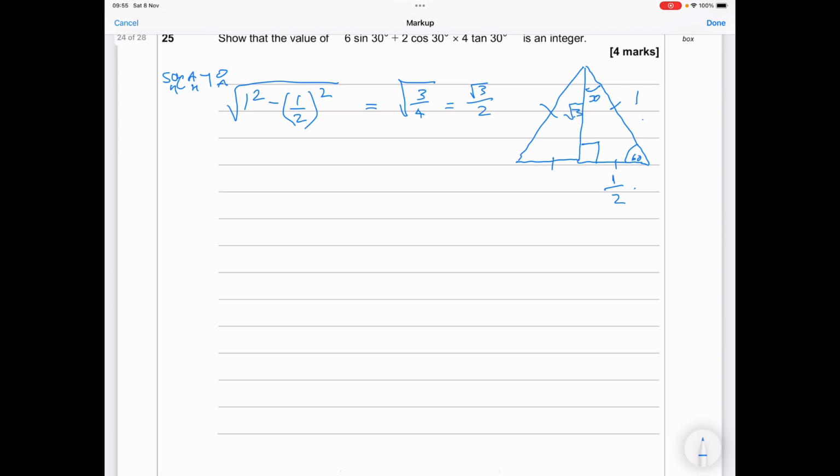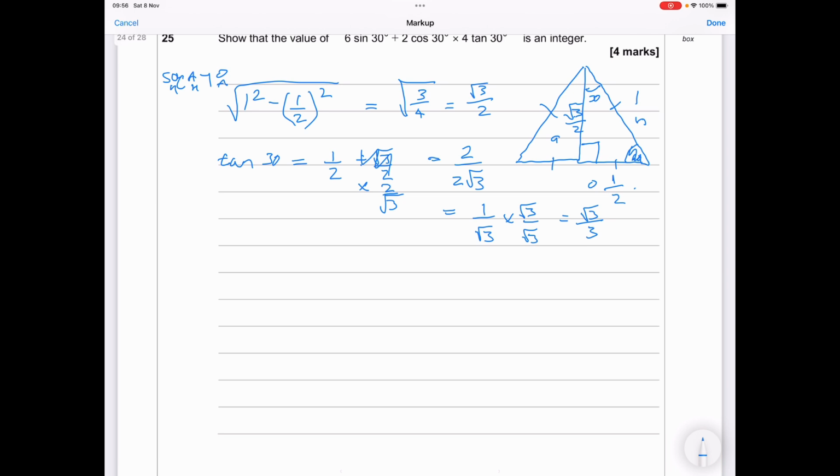So now we know tan of 30 is opposite over adjacent, so that's half divided by root 3 over 2, which is times 2 over root 3, so that gives us 2 over 2 root 3, which gives us 1 over root 3, which we now have to multiply by root 3 over root 3. Isn't this lovely? That equals root 3 over 3.